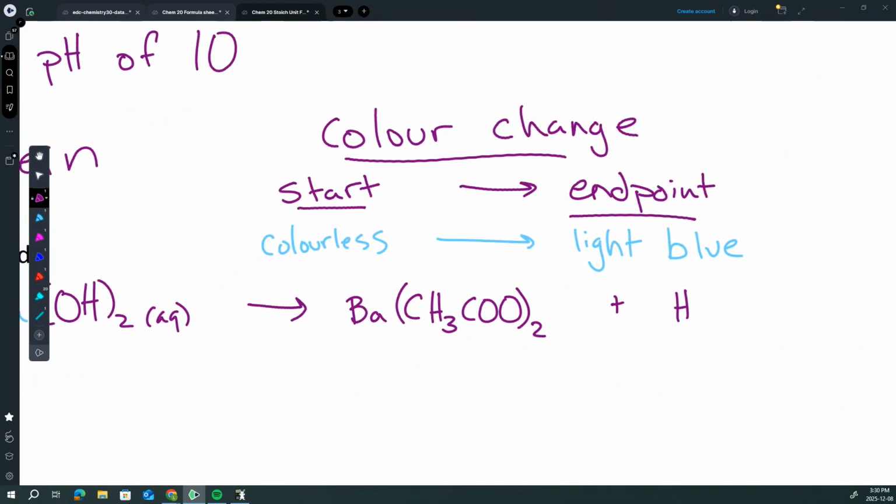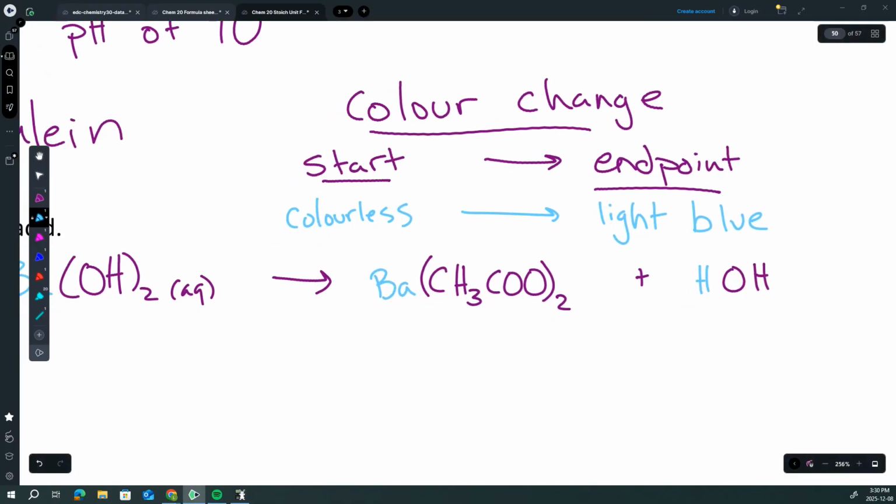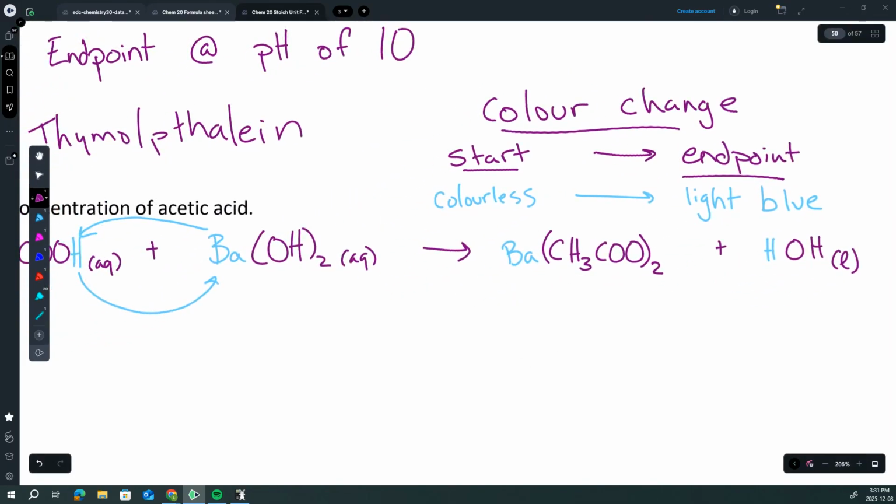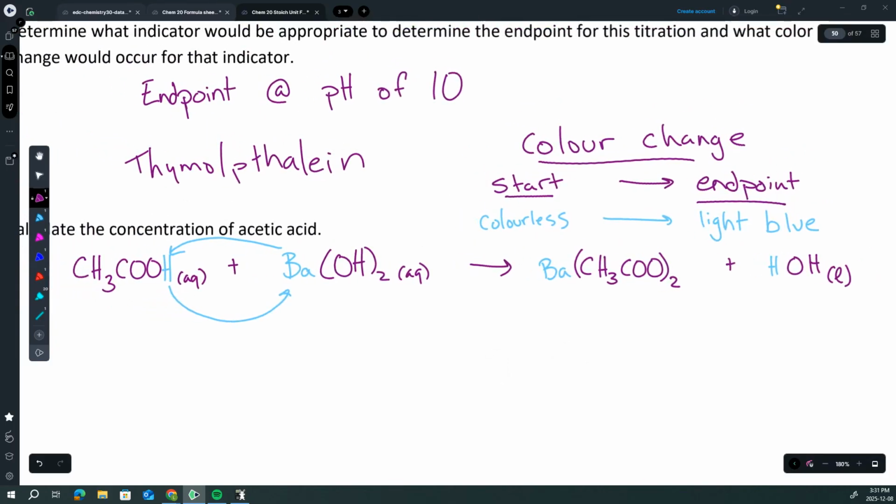So just HOH. If you want me to keep up with the same color coding, then I'll do this. And I know for sure water is going to be a liquid. As a reminder, the subscripts do not come along for the ride. The whole point of the subscripts is just to balance the compound.